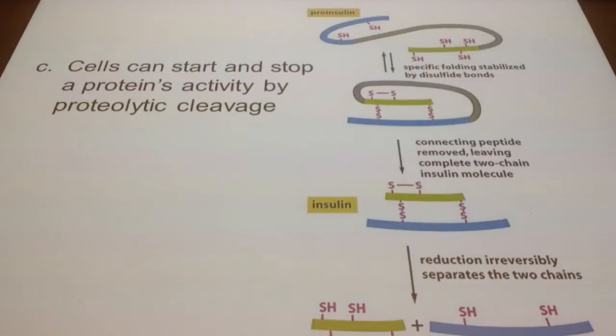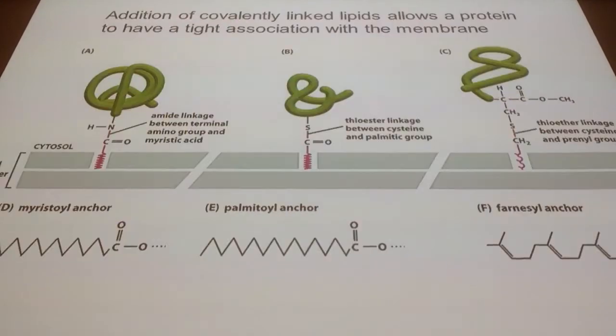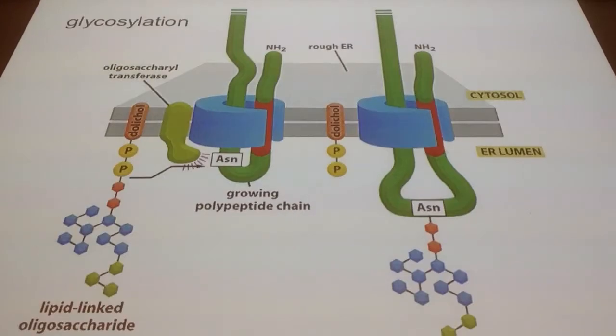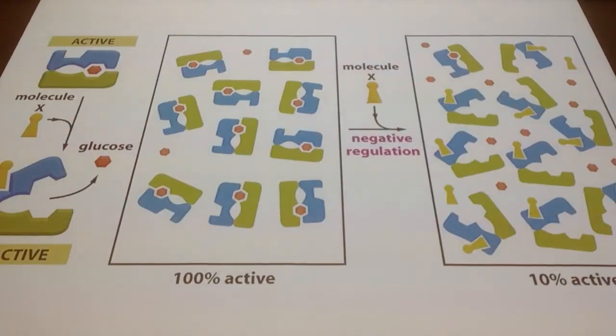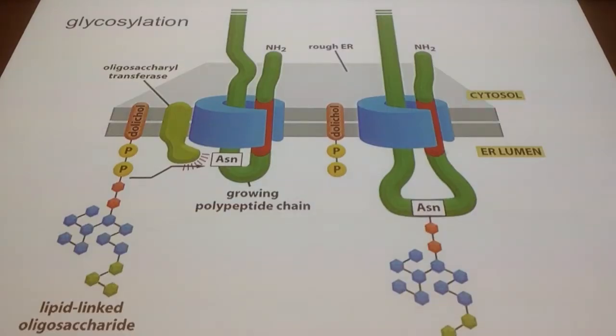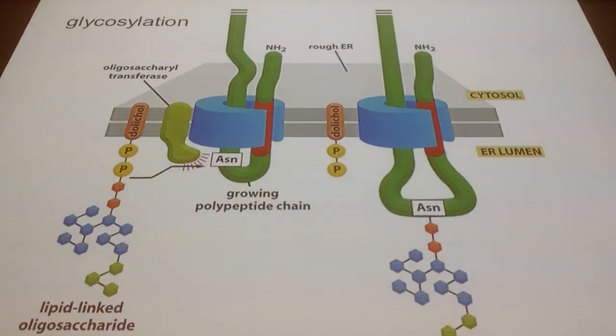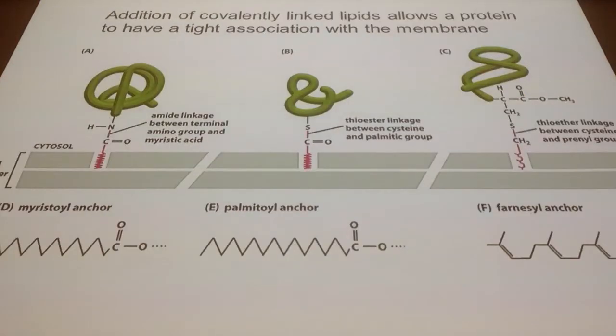All right, so you want more complexity? Let's have more complexity in terms of covalent modification. So let me draw back. So all of this, the B part here, has to do with covalent modification, right? So phosphorylation is covalent modification. Glycosylation is covalent modification.